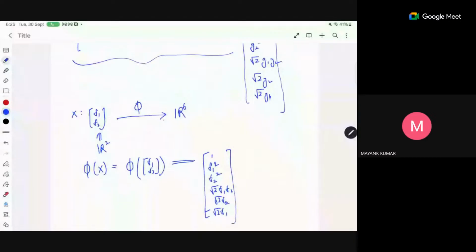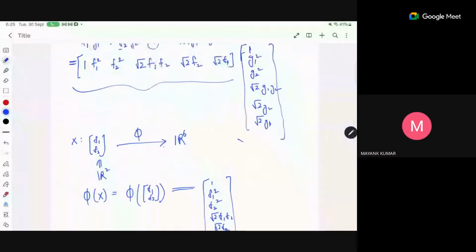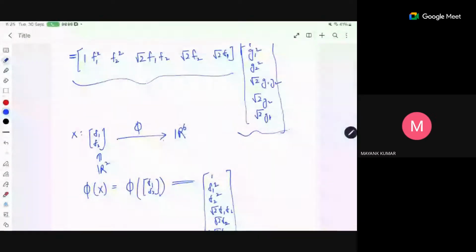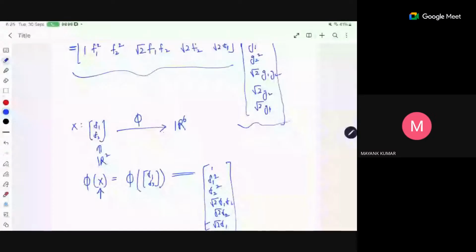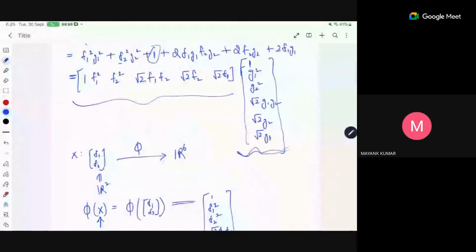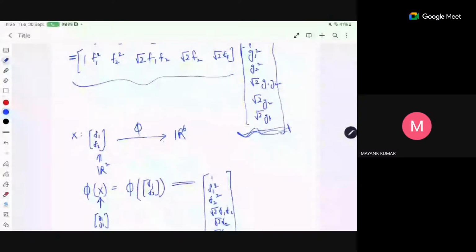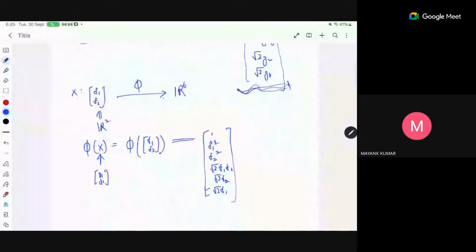And this is also your phi basically, right? It is just for a different x: instead of f1, f2, I took g1, g2. Then that is giving me this vector, right? But the underlying function is the same. This phi, the mapping that is taking your vector from R2 to R6, is the same, right?